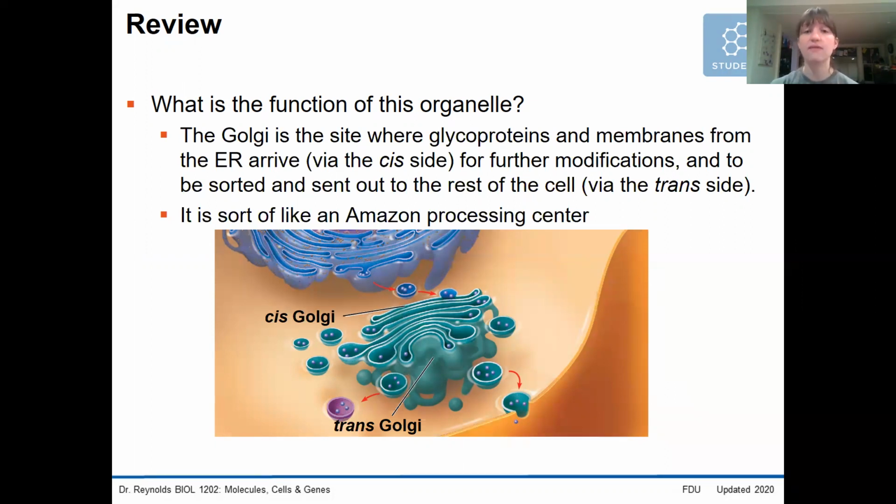In this case, via the cis side, when vesicles formed from the ER merge with the cis face of the Golgi for further modifications, meaning those components get modified inside of the Golgi, they're sorted and they're sent out to the rest of the cell via the trans side and using those vesicles. It's sort of like an Amazon processing center.